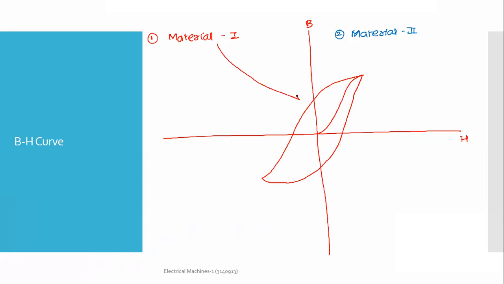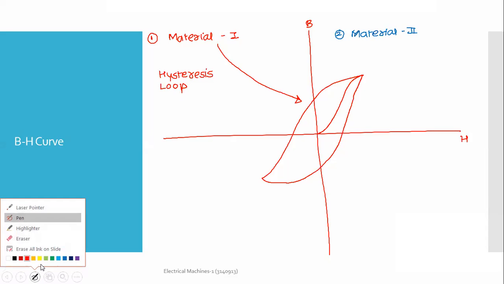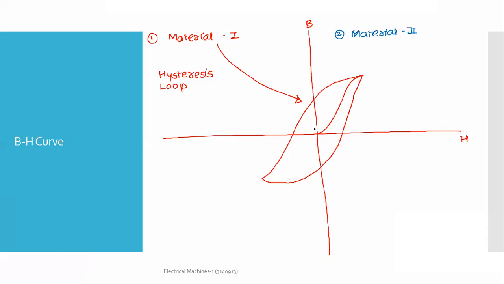This is material 1, hysteresis. And material 2 has a hysteresis like this. Am I clear? What I want to convey is that I have two materials with two different hysteresis loops.